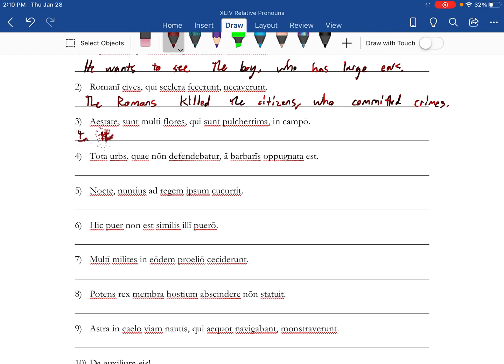Aestate, ablative of time, in the summer. There are many flowers. Alright, double the R is superlative, which are very beautiful, in the field.